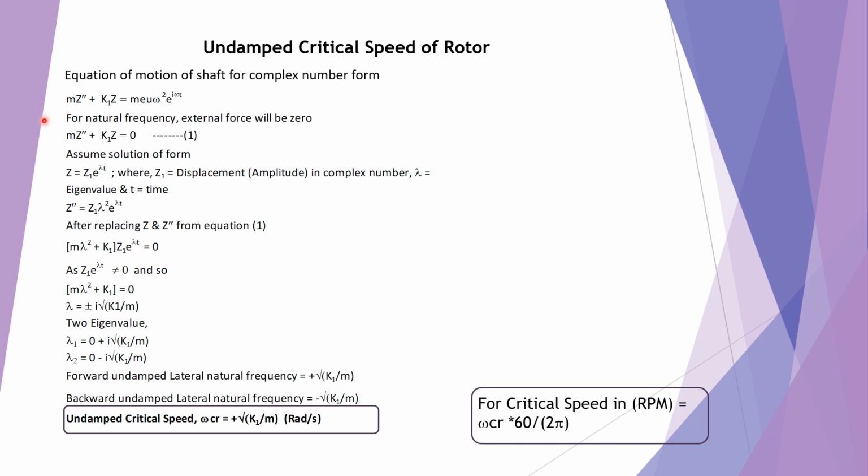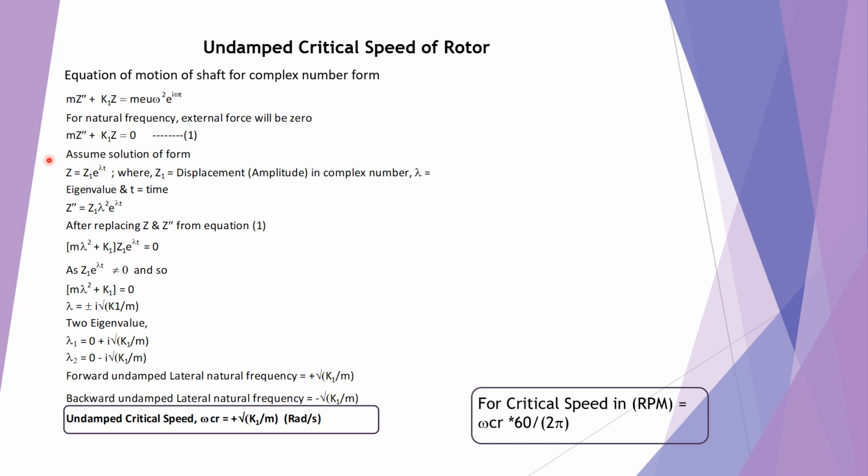For natural frequency, external force will be 0. That means this term will be 0. So we can write m into z double differentiation plus k1 into z is equal to 0.